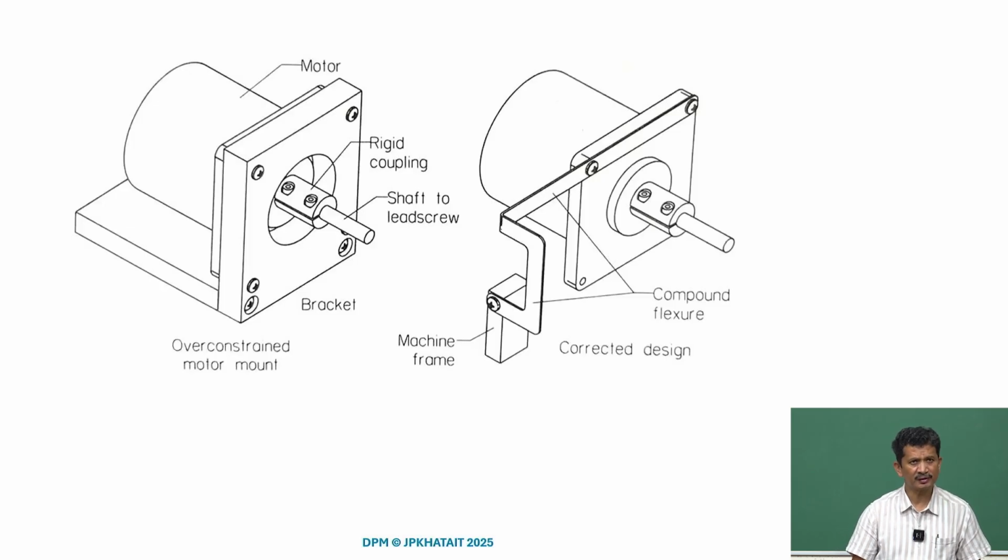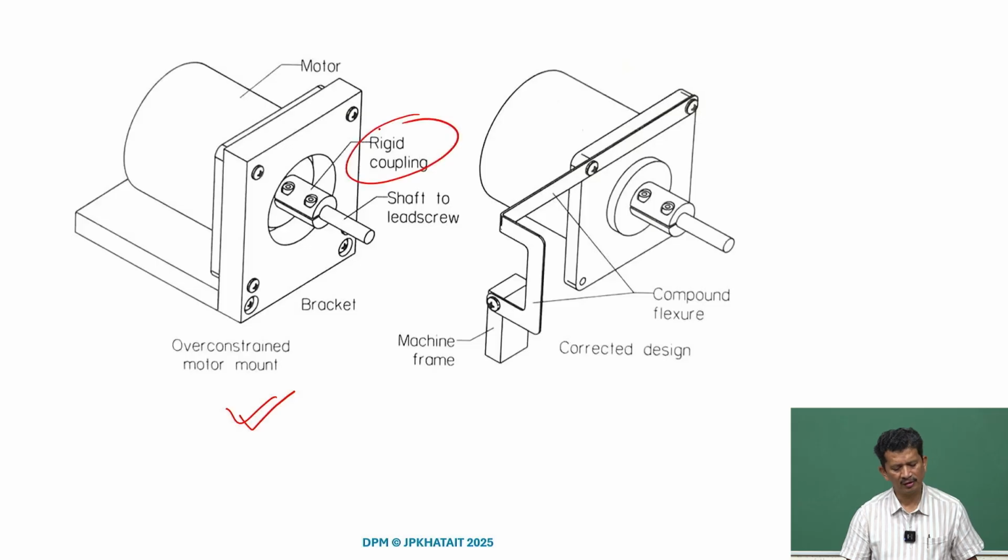This is one case study, and this is a problem in one of the company's printers. What they have done is they use a rigid coupling to connect the motor to the shaft, which is connected to the lead screw to move the bed for scanning or printing.